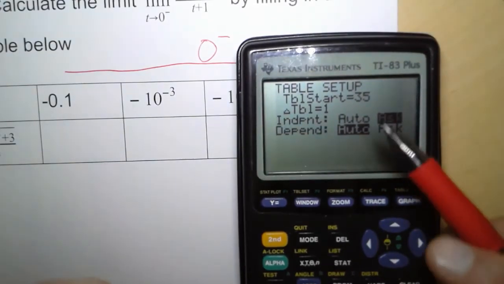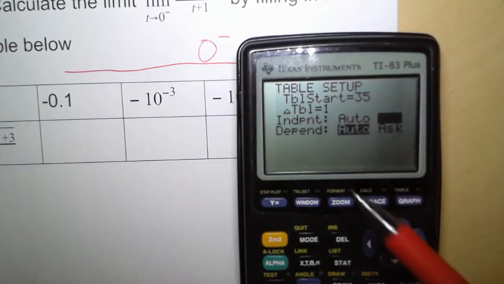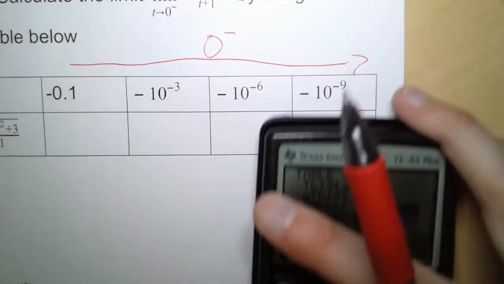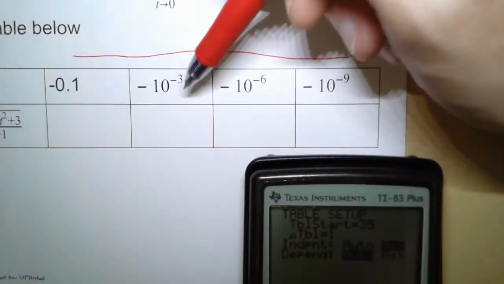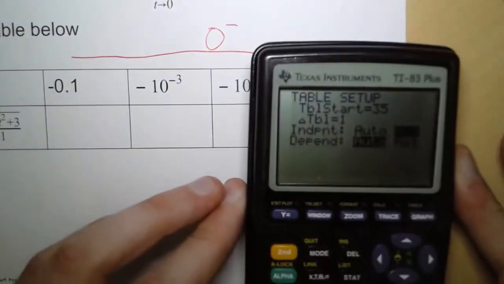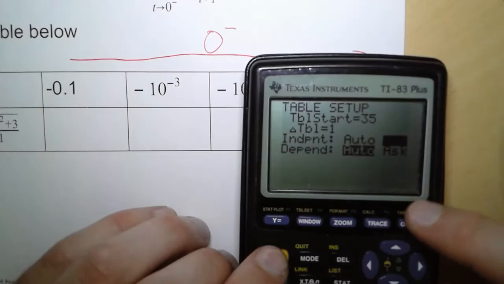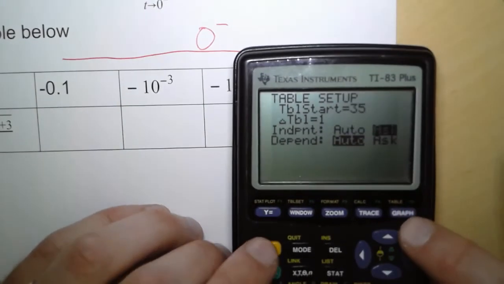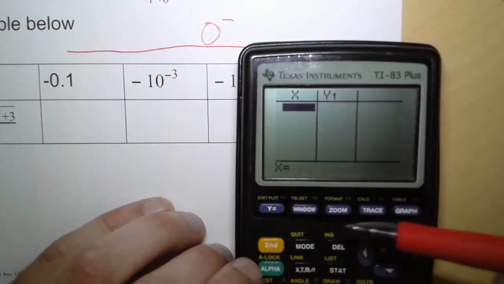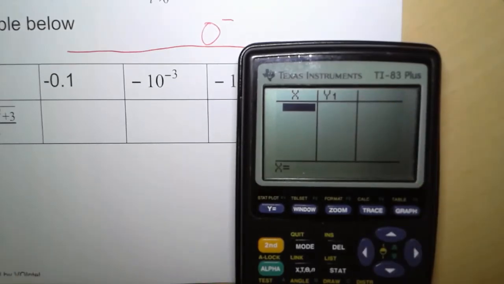What that means is we are going to punch in the values of the independent variable, which is what we're doing here in this table. We have these values for our independent variable, and we're going to punch them in, and the calculator is going to give it to us. So we press second, graph. Now we have a blank table, so now we just start filling it in.